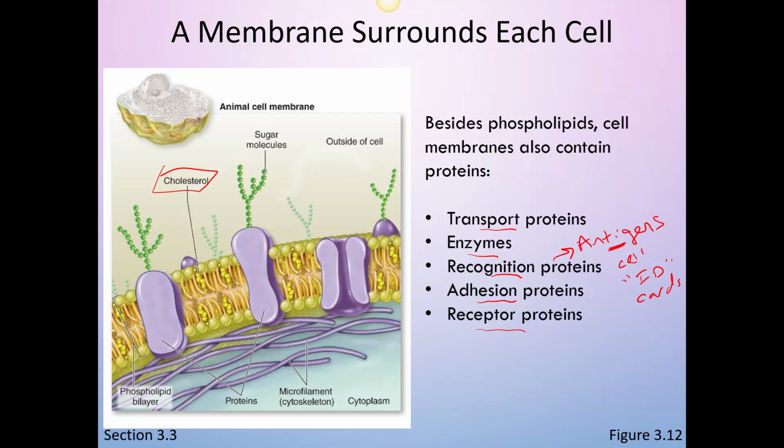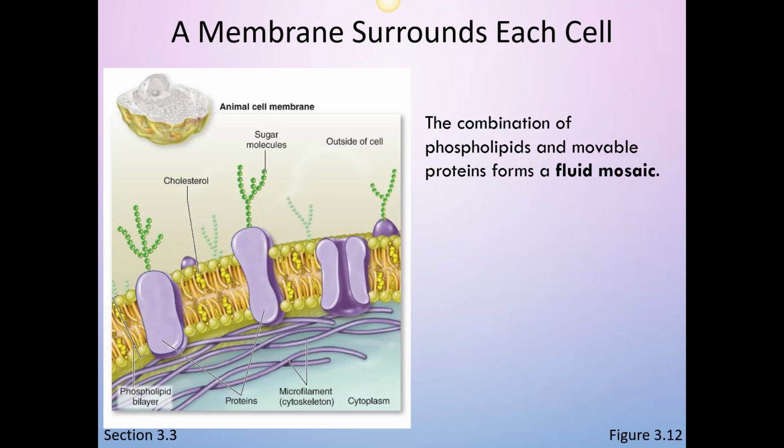They can interact with chemicals, hormones, neurotransmitters, and even temperature changes or pain sensations. They have the ability to pick up on all sorts of different things. There are certain receptor proteins called photoreceptors in your eye, and those pick up on light and changes of light intensity.